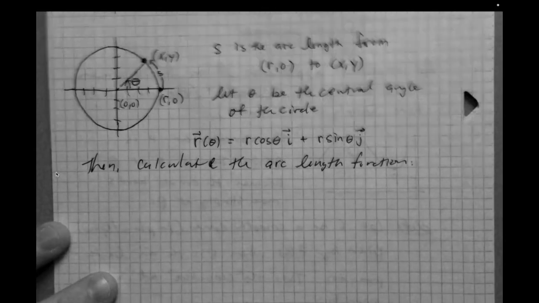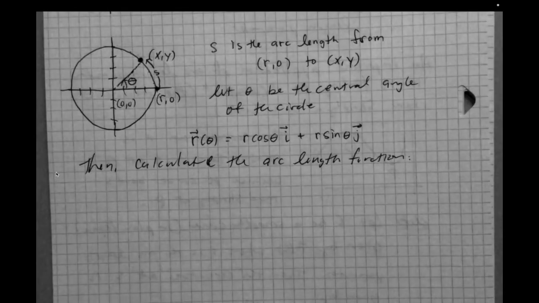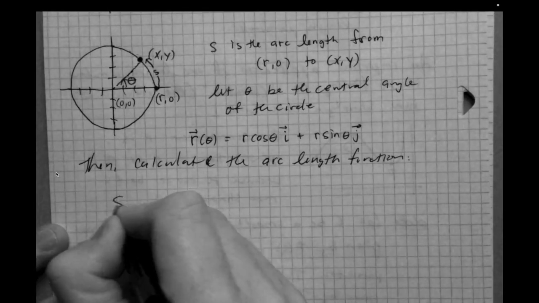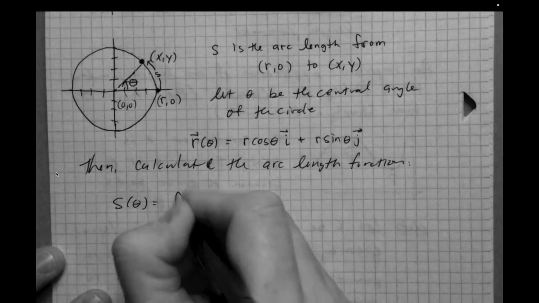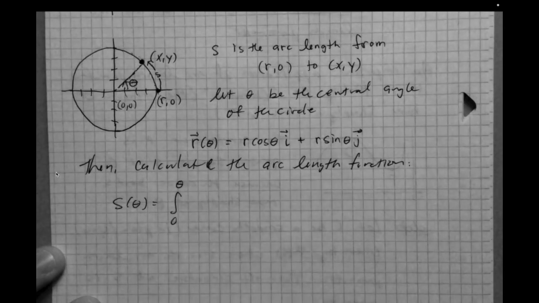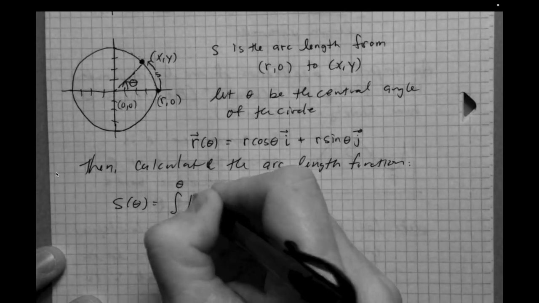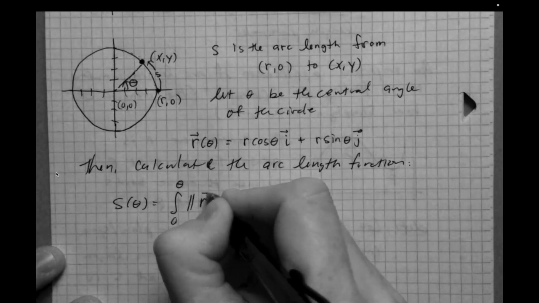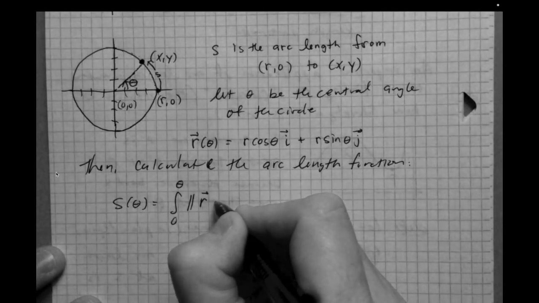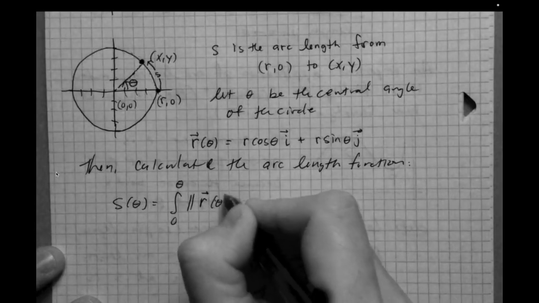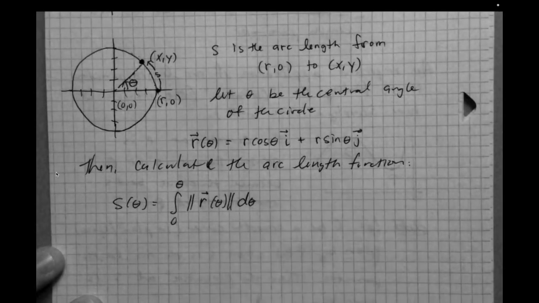So s of theta is equal to the integral from 0 up to whatever theta happens to be of the norm of the derivative of r, d theta.